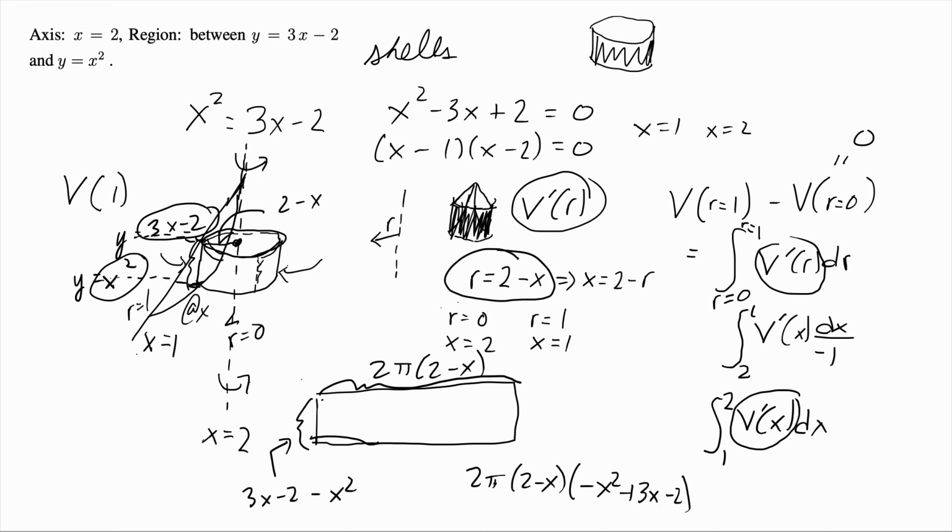So 2 pi times, that's the circumference, but then times the height, and then you're taking an integral as x goes from 1 to 2, dx. And it's a fairly simple integral at this point, and I'll let the viewer finish this out.